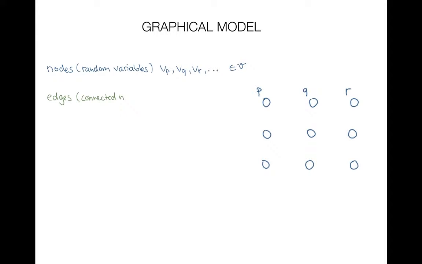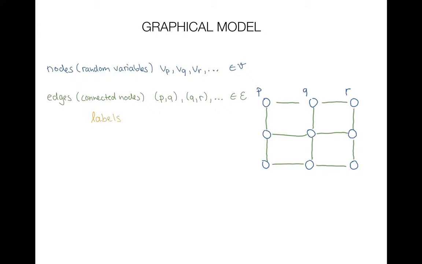Next, we introduce edges, which connect nodes, and are drawn with green lines. They should model the interactions between nodes. And thirdly, we have a set of labels, Li, Lj, Lk, which correspond to 3D displacement vectors. They are hidden variables of our nodes.